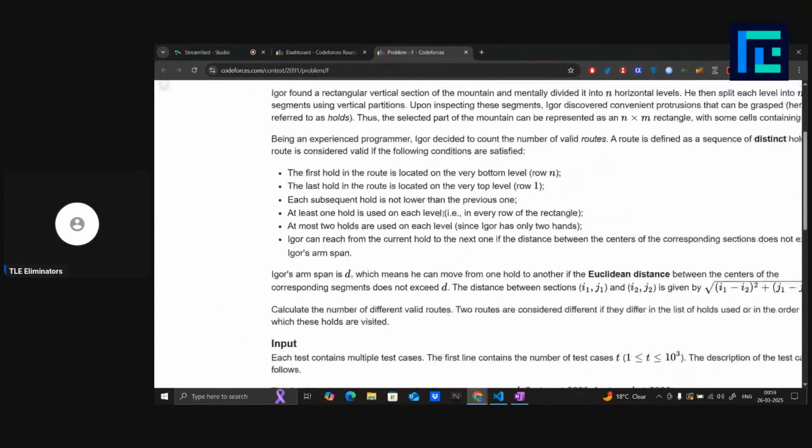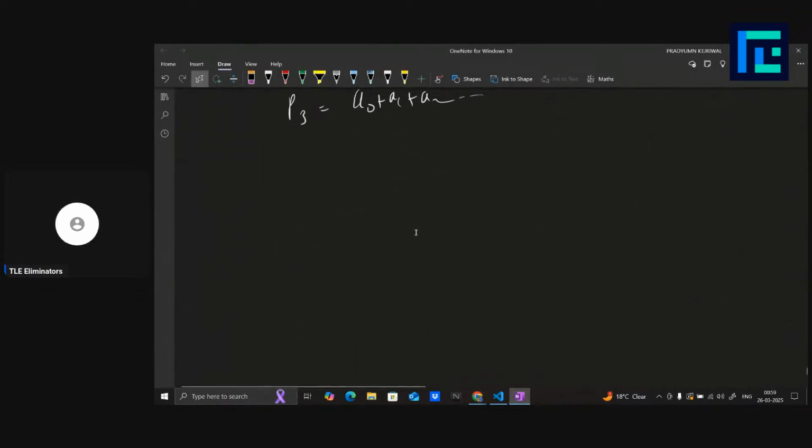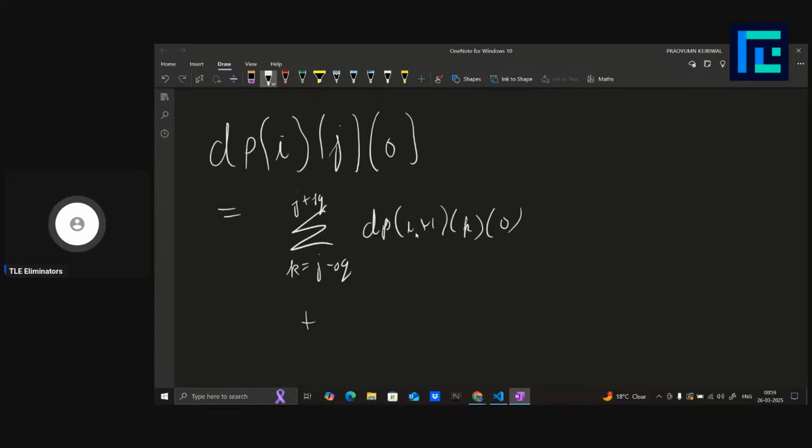Christopher Henry, for DP, I was asking. For DP, what were you asking? Like the transitions are like for DP ij0. Suppose you want to calculate this, then it is just prefix sum. Basically, if I write in summation form, it is k equal to j minus sq to j plus sq of dp of I plus 1 k 0 and plus I plus 1 k 1 as well.